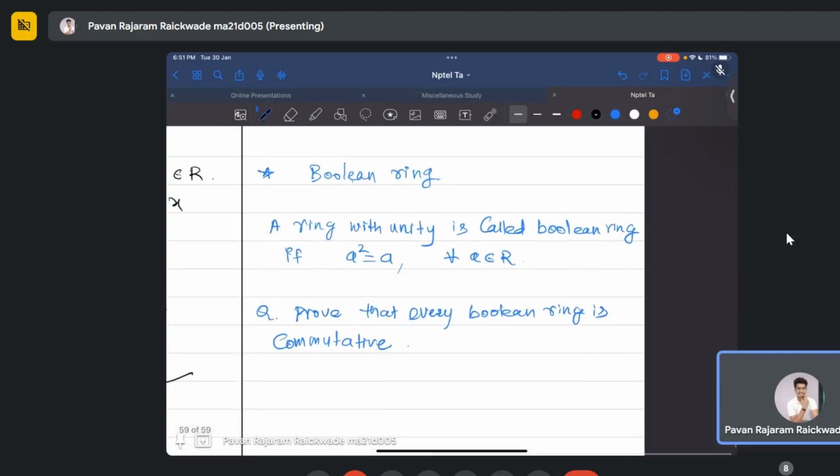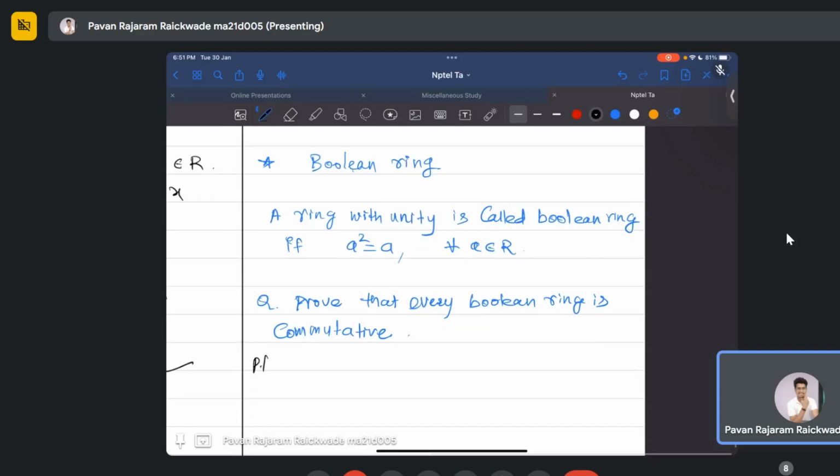Okay, how do we prove this? Commutative means you have to show that for any x and y, the product xy has to be the same as yx, right? Does anyone have any idea how to show this, if every Boolean ring is commutative?